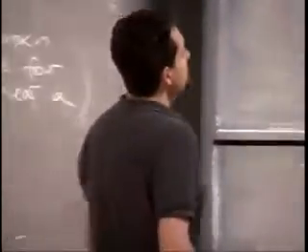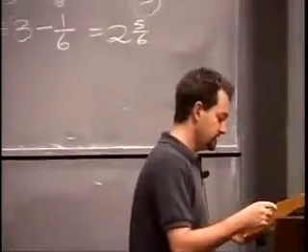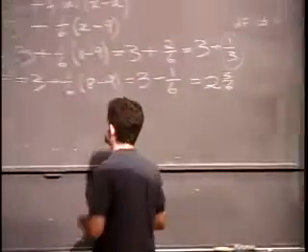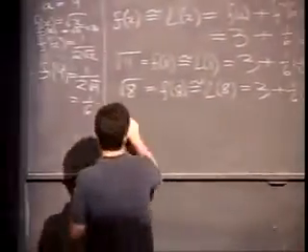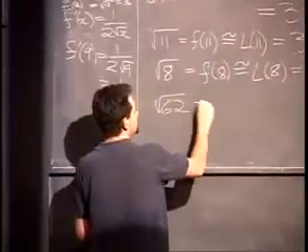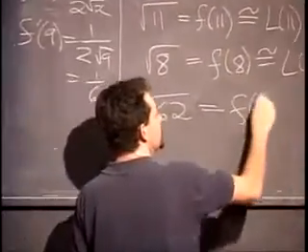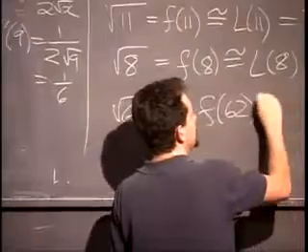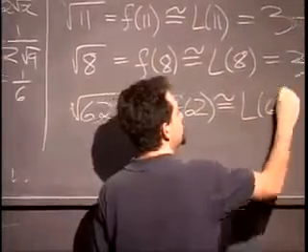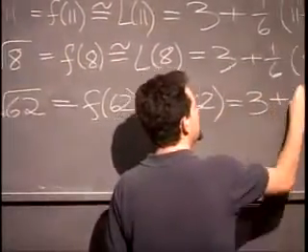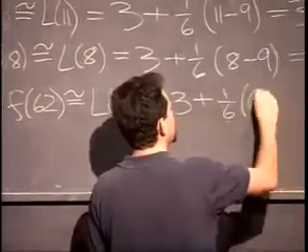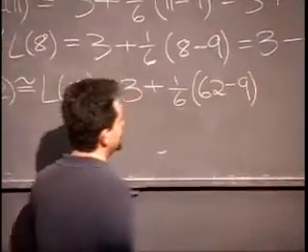What if you did something sort of silly? Like, what's the silly example? Root 62. Well, suppose you try to use this. You get f of 62. That's the square root of 62. It's approximately 3 plus 1/6 of 62 minus 9.